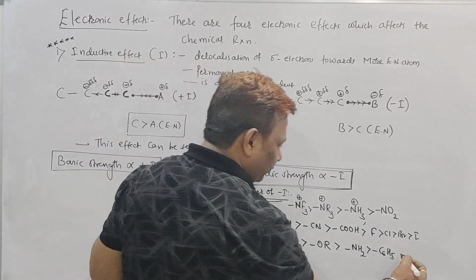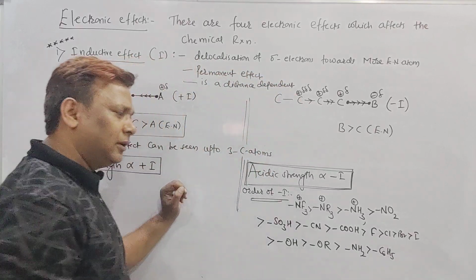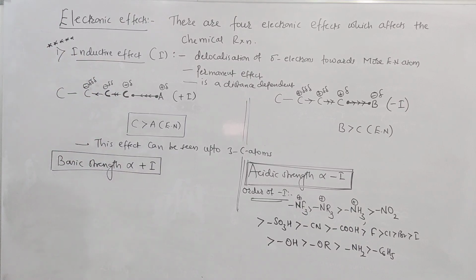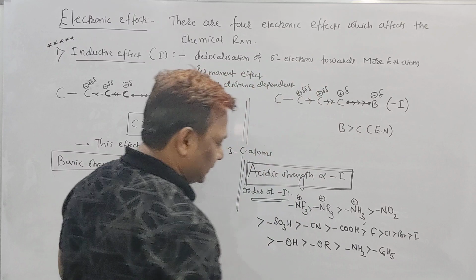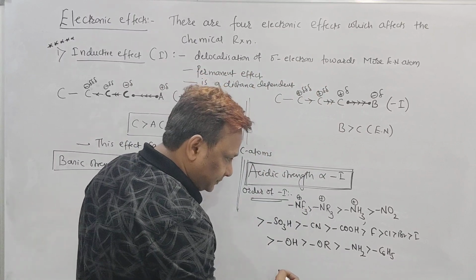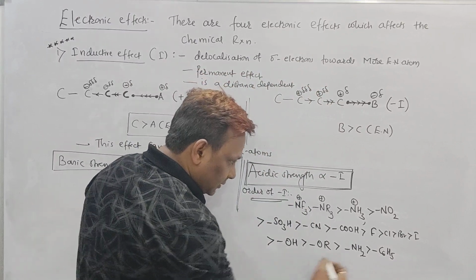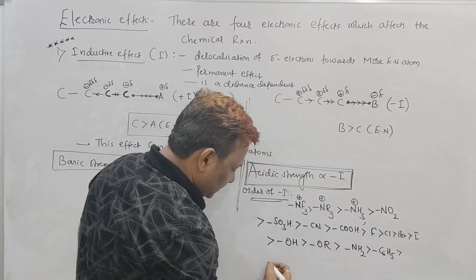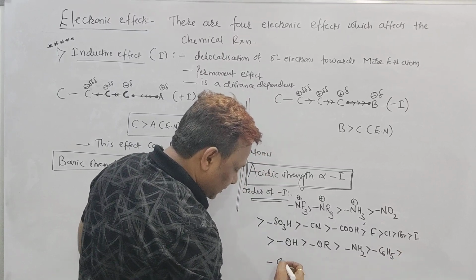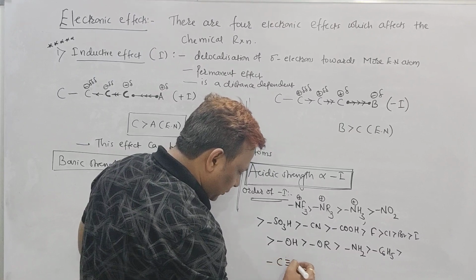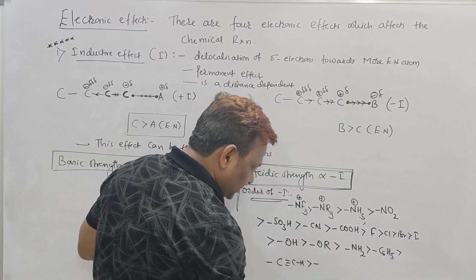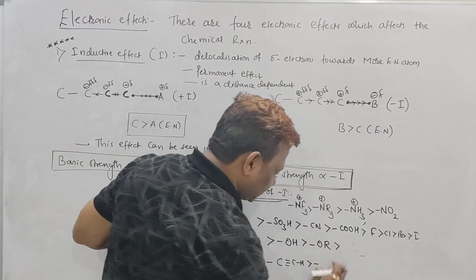After this, NH2 and phenyl, we have triple bond, double bond and the single bond. But you won't see all these things. Directly we can say C triple bond CH will come here.